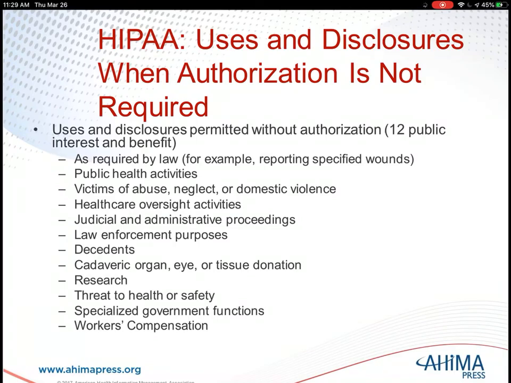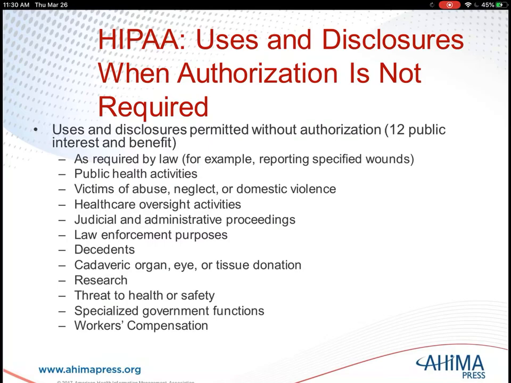Although disclosures for the purpose of reporting abuse, neglect, and domestic violence do not require authorization, the privacy rule does require the covered entity to promptly inform the individual that such a report has been or will be made. So this one kind of goes along with the as required by law, but this one is more geared towards abuse, neglect, and domestic violence. This one's not necessarily like the gunshot wounds and stabbings and things like that.